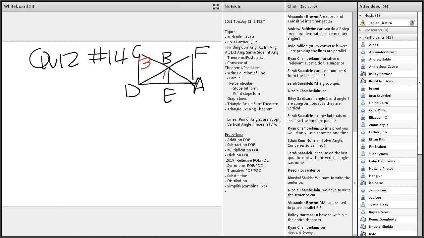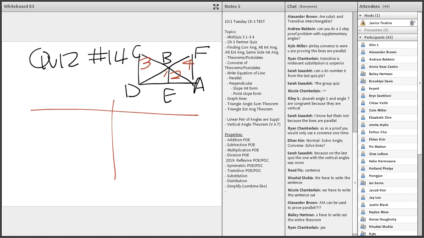Okay, hold on. Okay, so I'm going to start typing if possible. That'll be a little bit easier. So number 1, we're given a lot of information. So BE bisects, you can't see this yet, angle DBA, and then angle 3.